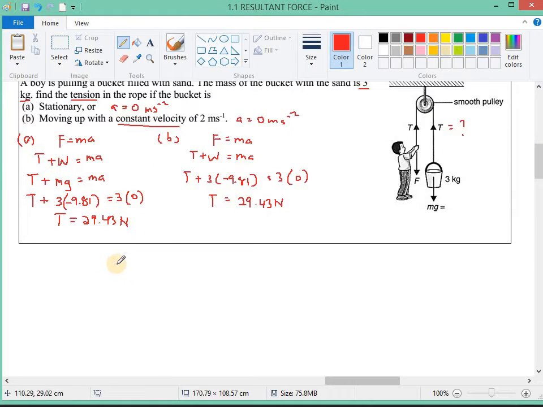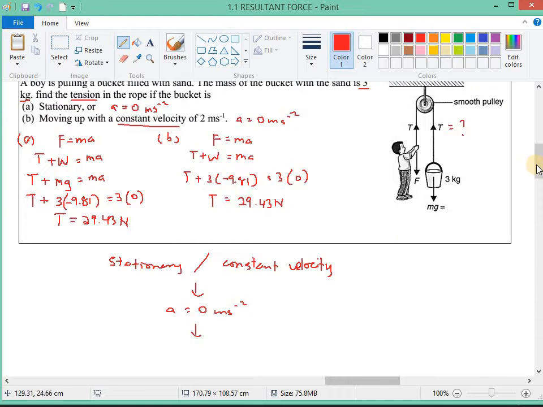We don't care whether stationary or constant velocity, the acceleration is 0.